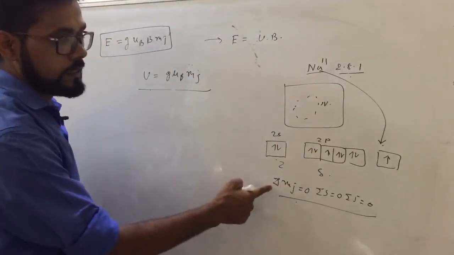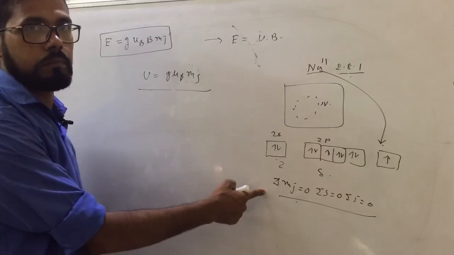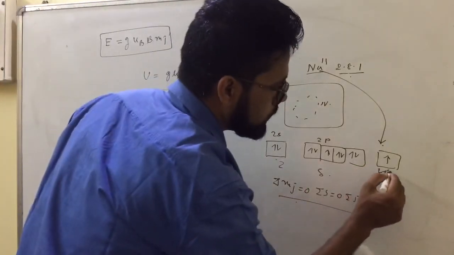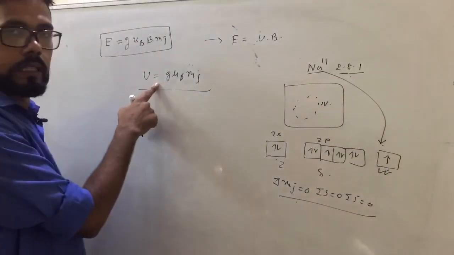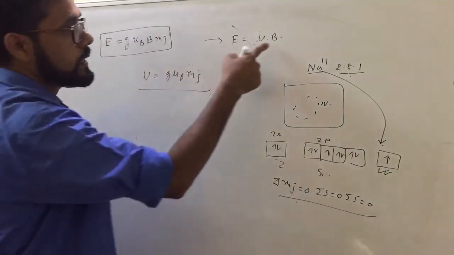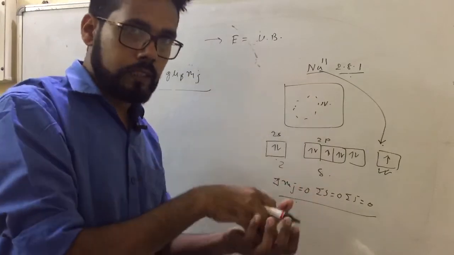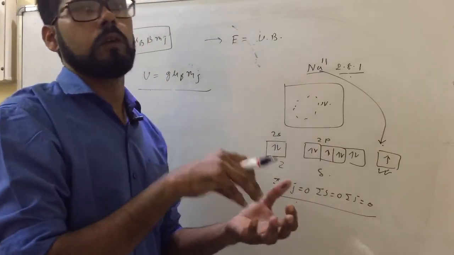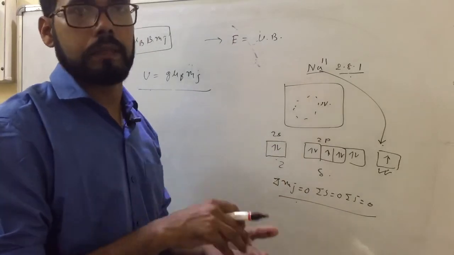You can check this, it is already given in many-particle systems in quantum mechanics. Only the odd unpaired electron will account for the magnetic moment, and this magnetic moment interacts with the external magnetic field. As a result of this interaction, the material shows magnetic behavior, known as paramagnetic behavior.